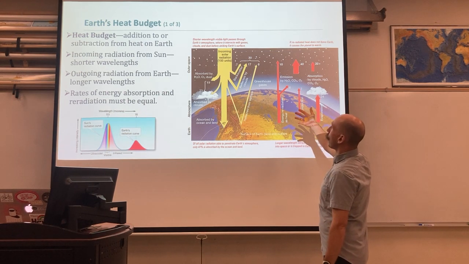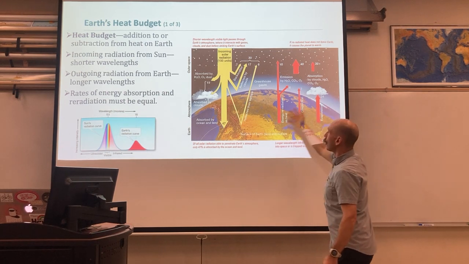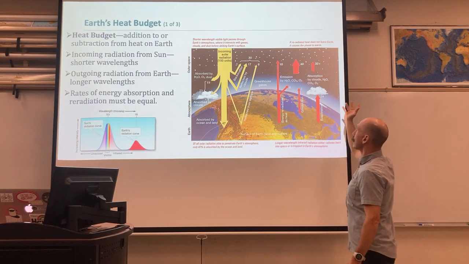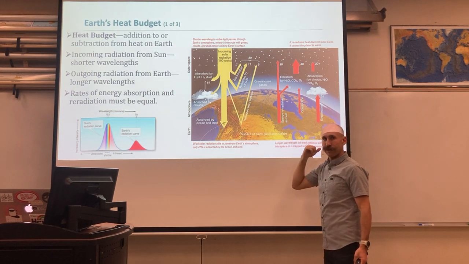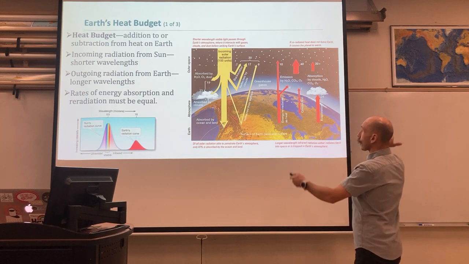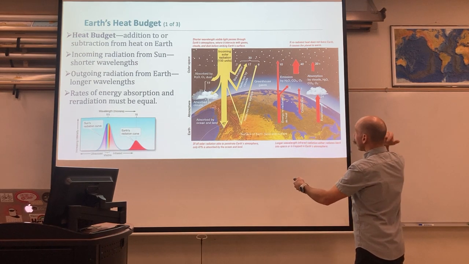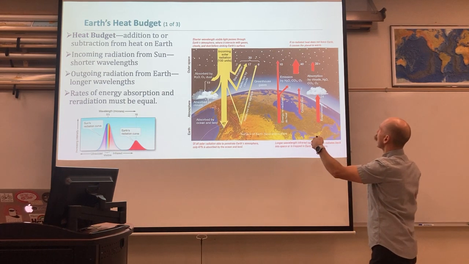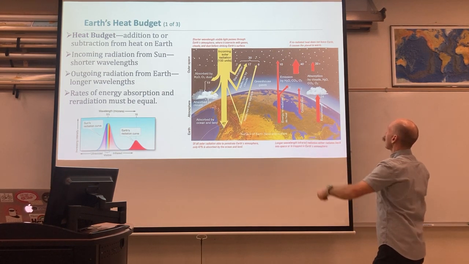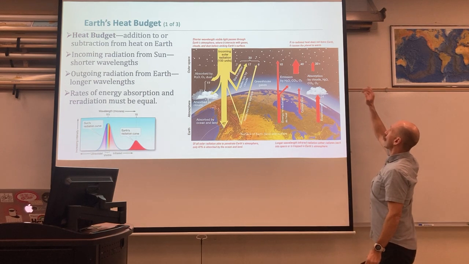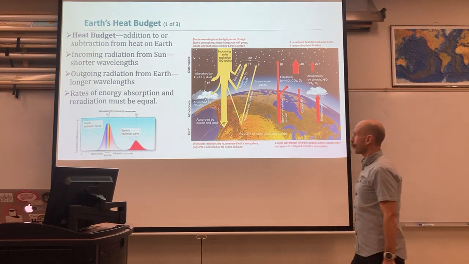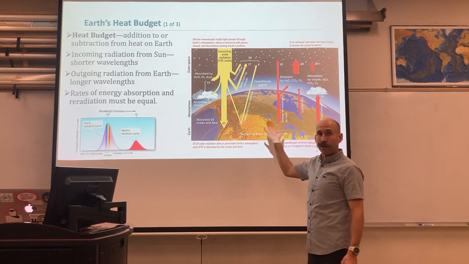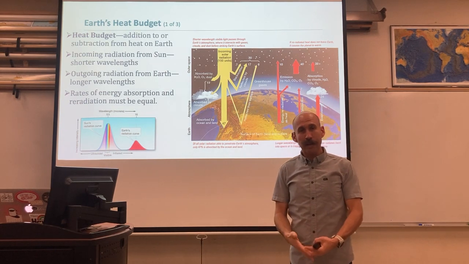This creates a heat budget. So there's addition and subtraction of heat from various sources. Addition is incoming solar radiation. Subtraction is going to be energy that is released as heat, conducted through the atmosphere, or evaporates and is absorbed through the clouds. This keeps Earth's temperature stable.